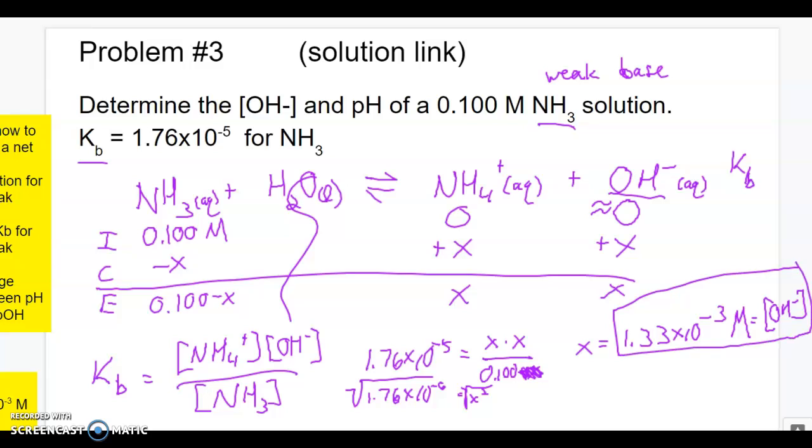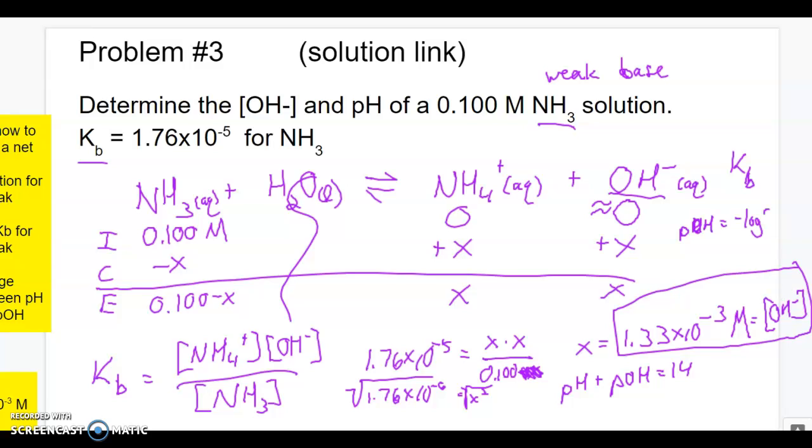That is one answer. Now for my second one, I need the pH, but this one's not as bad, because I have OH minus concentration, and it's not H plus concentration. I need H plus in order to figure that out, or I know the relationship between pH and pOH. It adds up to 14. So from here, I can figure out my pOH.